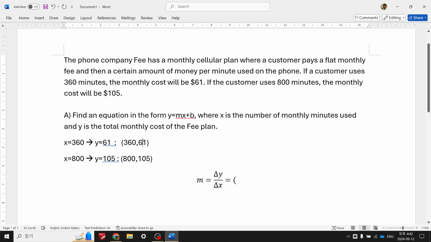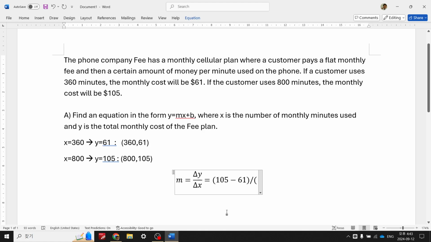And so let's first think about the change of y. Y went from 61 to 105. What's the change? How do you calculate the change? It's 105 minus 61. We always do terminal minus initial. That's what we agreed yesterday, right? And then change of x is, x went from 360 to 800.